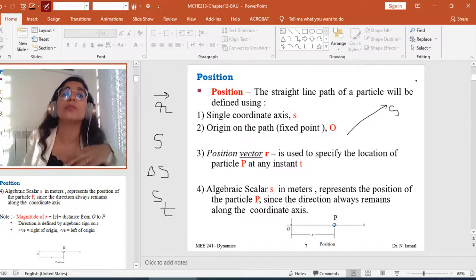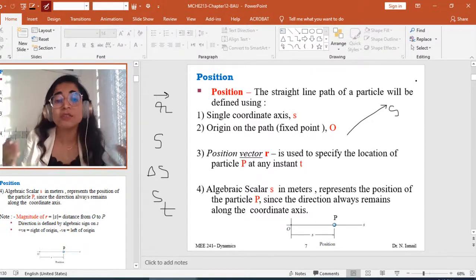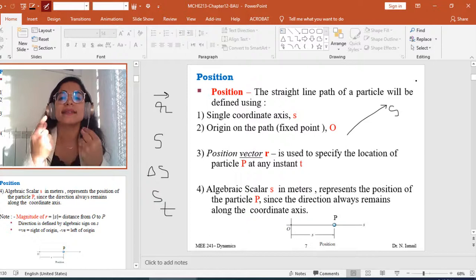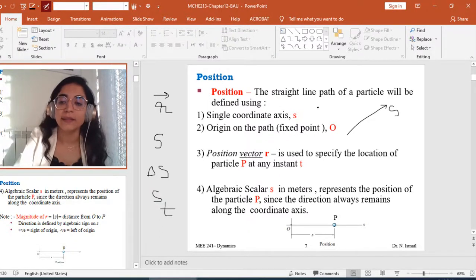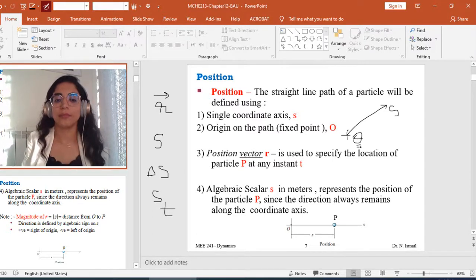So this S should be parallel to this path. That's why I only need one single coordinate. And I also need O, which is a fixed point, and this will be the origin of this path. Now, how to find the position vector R?